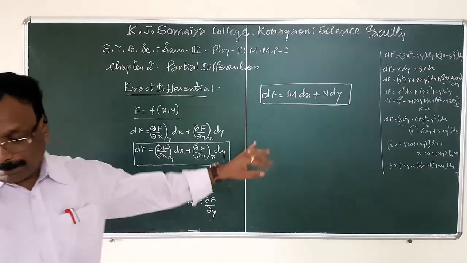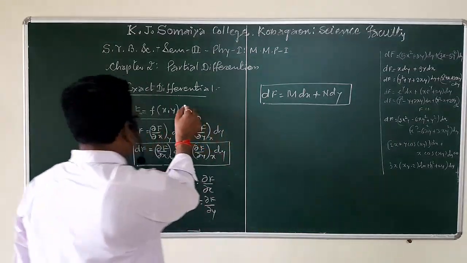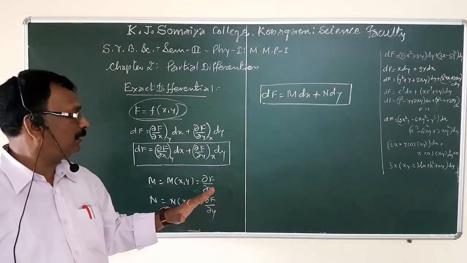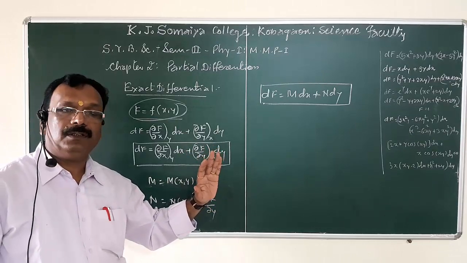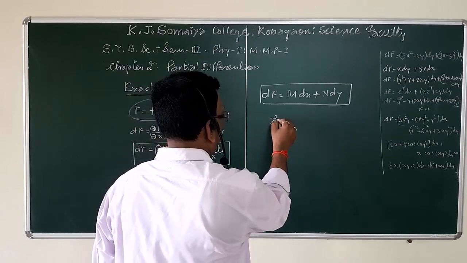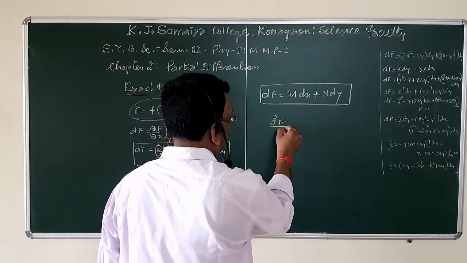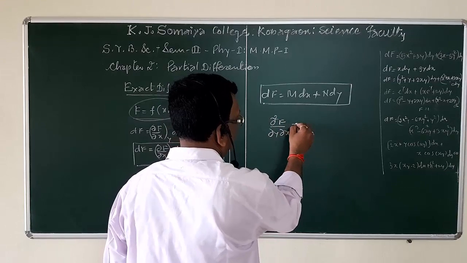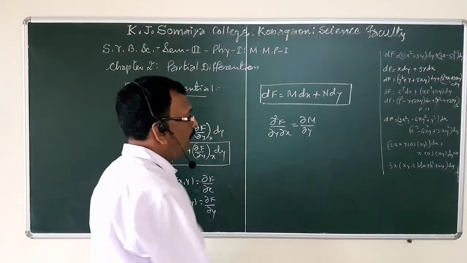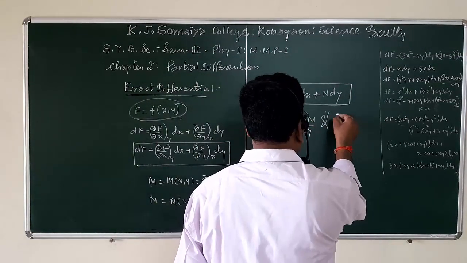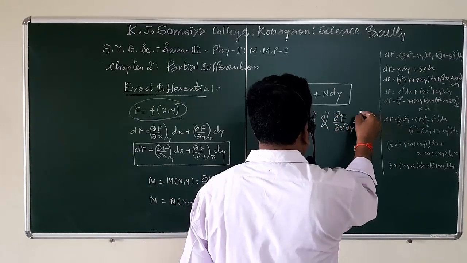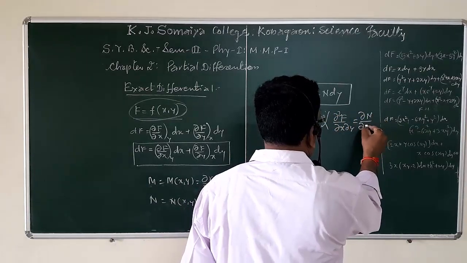For the same function f of x y, if the partial derivatives are again functions of x and y, then we can write del square f by del y del x is equal to del m by del y, and del square f by del x del y is equal to del n by del x.